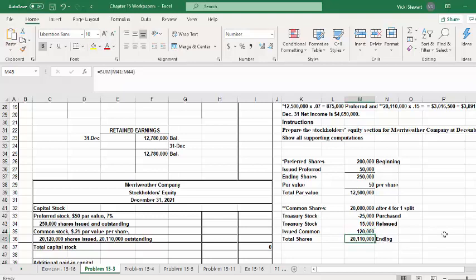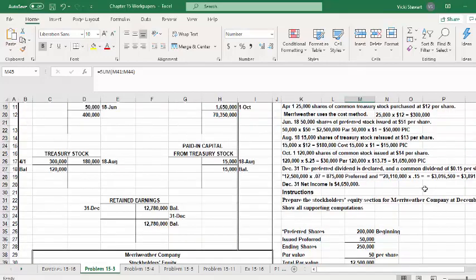So the ending number of shares is 20,110,000. Then we would multiply those by 15 cents a share to get the common dividend of $3,016,500. We would add the preferred dividend of $875,000 to the common dividend to get the total dividend of $3,891,500. That would be debited to retained earnings.